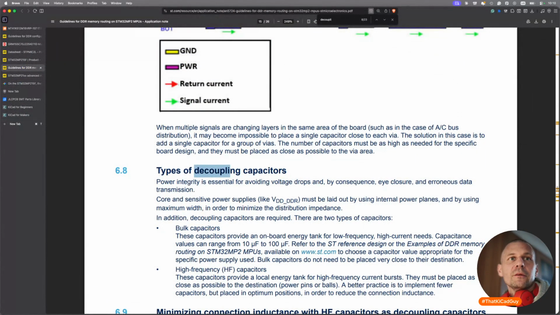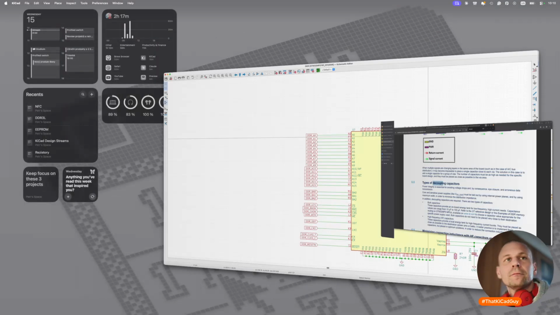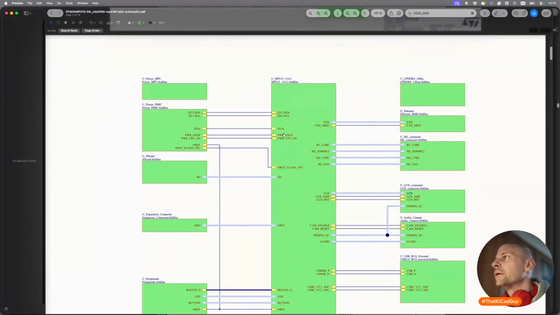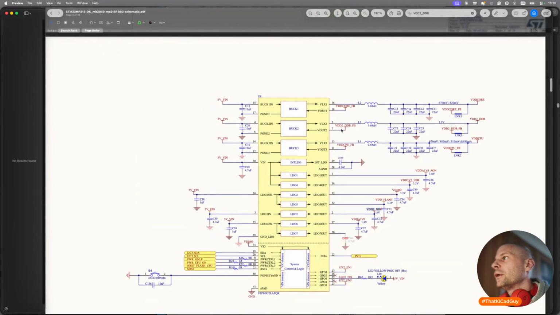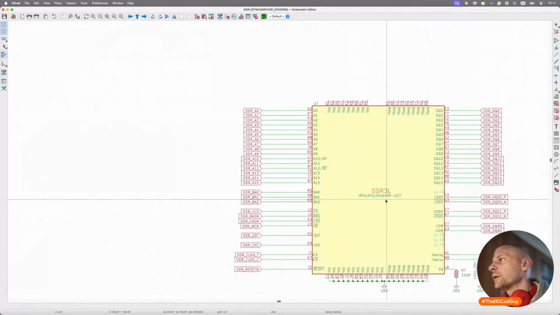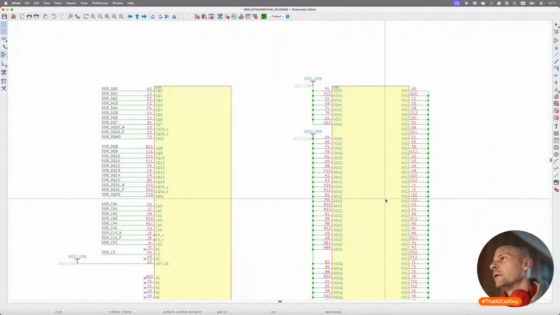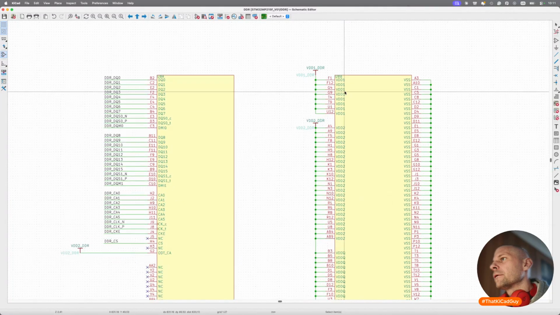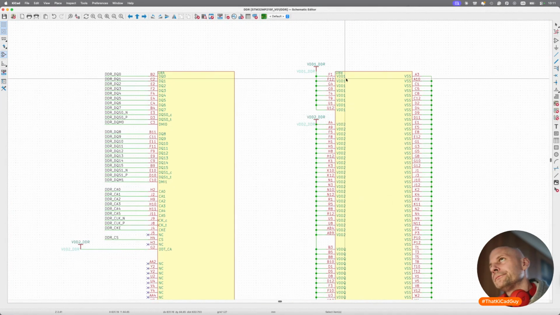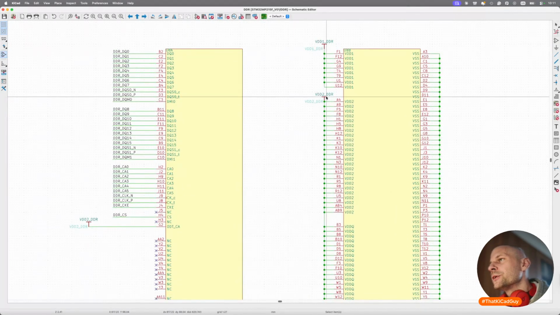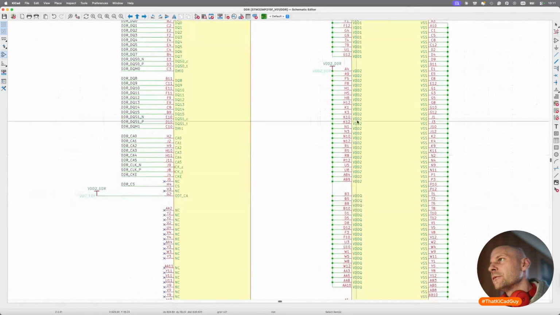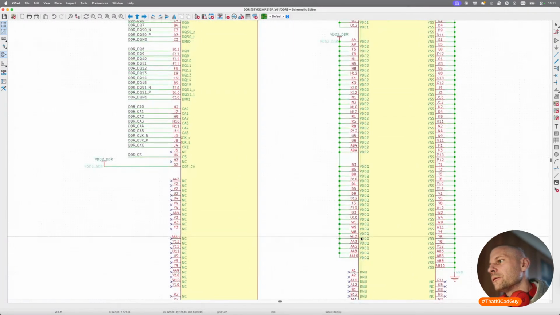So what do they use? The VDD1, I'm losing track. The VDD1 was LDO, and the LDO VDD1 was connected to VDD1, but the VDD2, which is buck, is connected to both VDD2 and VDDQ.